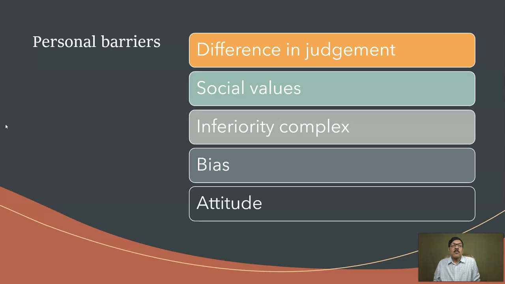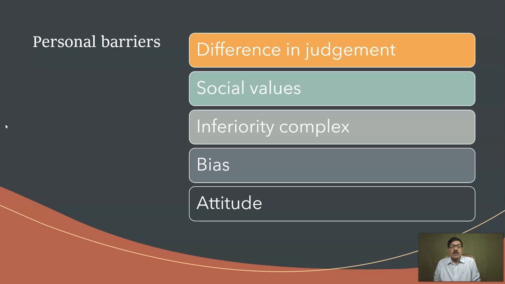Now there are also personal barriers. Personal barriers would be like the difference in judgment or social values. Sometimes even inferiority complex creeps in, or a bias towards someone, or the attitude towards your manager. So these are between the communicator and the person whom you are communicating with.